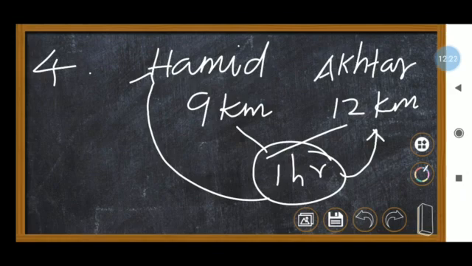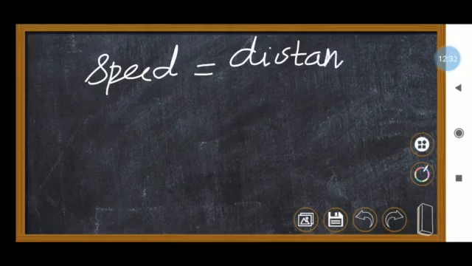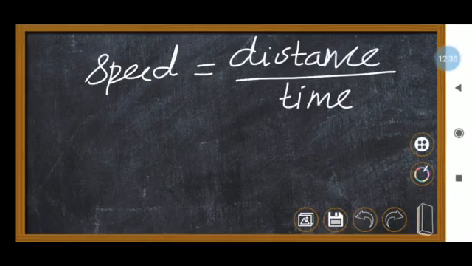First you have to know the formula of speed. Speed is equal to distance divided by time. What is the formula? Distance divided by time. First we will take Hamid, case 1 for Hamid.